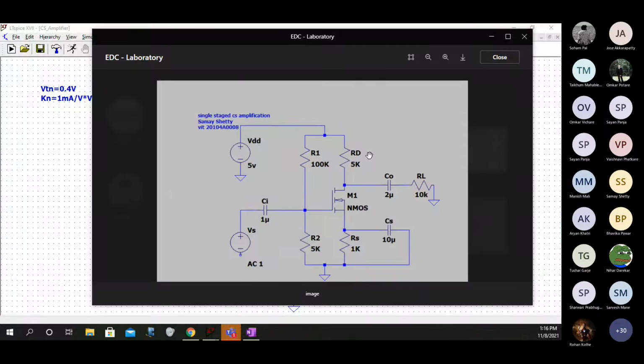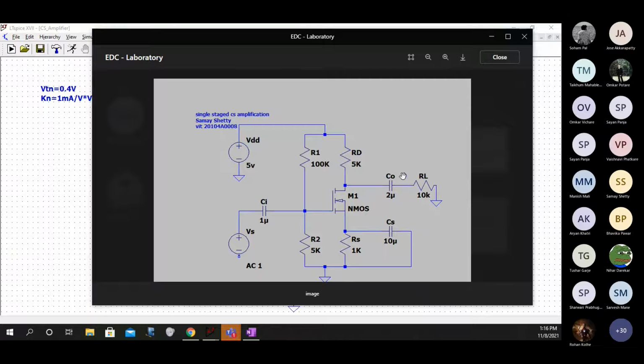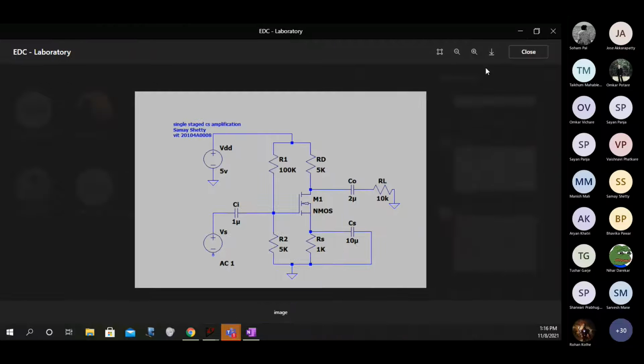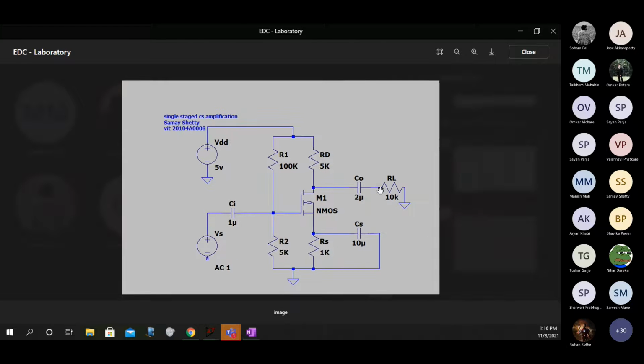Sama, your output is correct, but while taking V out, you will have to now take it from here. Did you understand, Sama? And remove this. Body and source are not connected. If you connect body to the source, then body is not connected to zero potential.